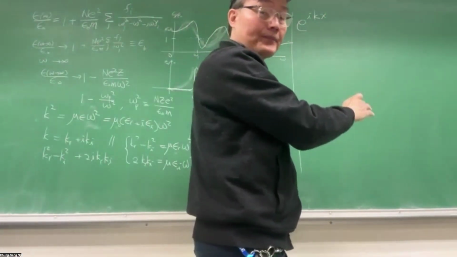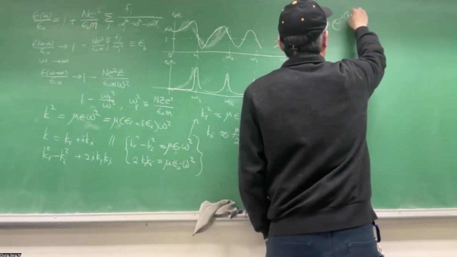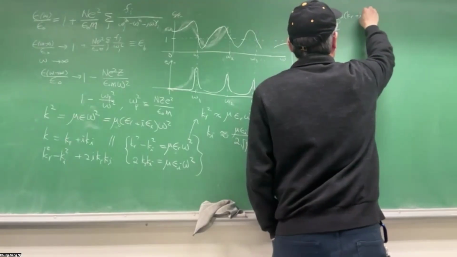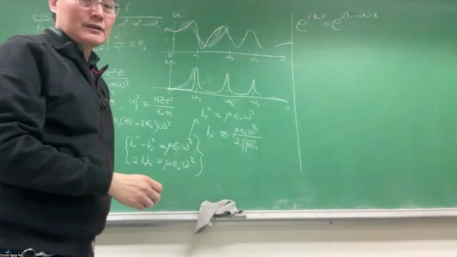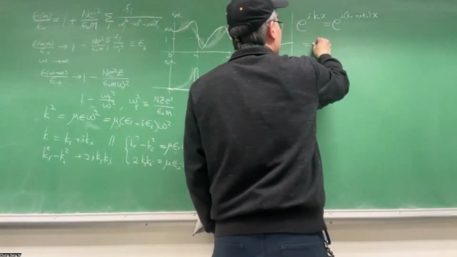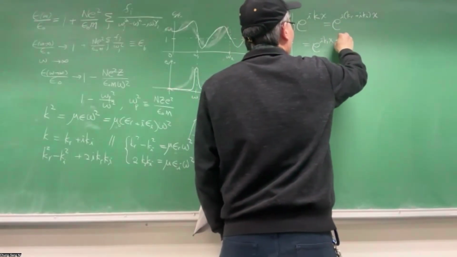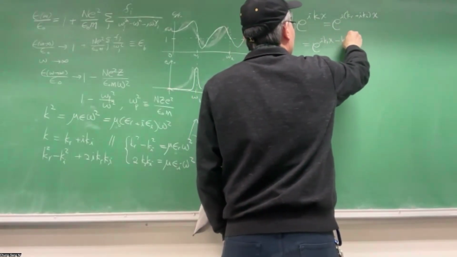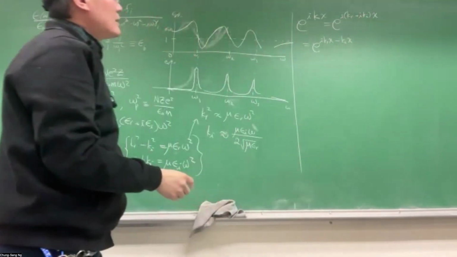So this equals e to the i k_R plus i times i k_I times x. Now that becomes e to the i k_R x, and the e to the minus k_I x, because i times i is minus 1.